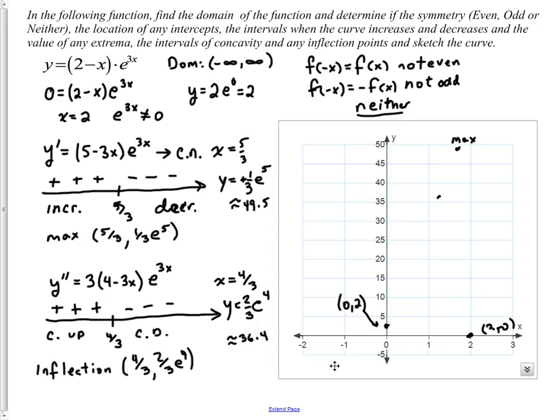Okay, so how is this going to work out? Well, we have our intervals of increasing and decreasing. I'm going to use a different color to map those out right here. I'll notice that the function is going to be increasing on this entire interval from 0 to 4/3, and then decreasing on the interval from 5/3 to infinity.